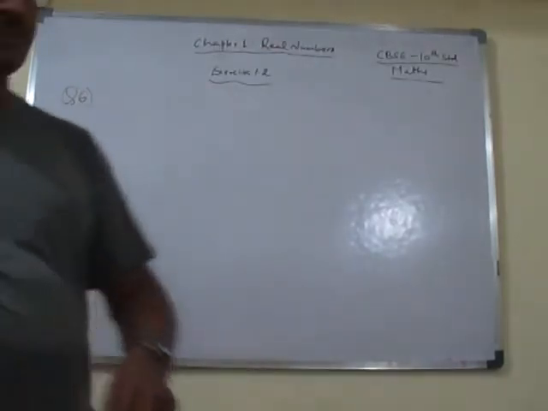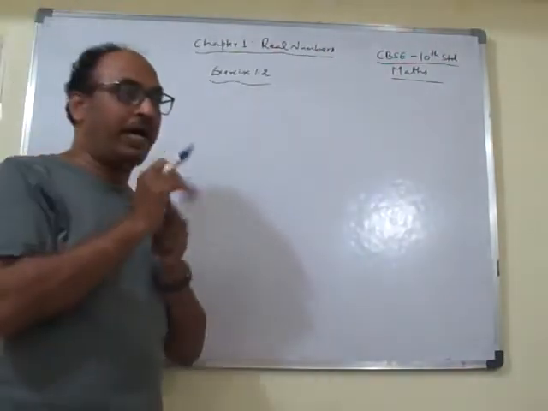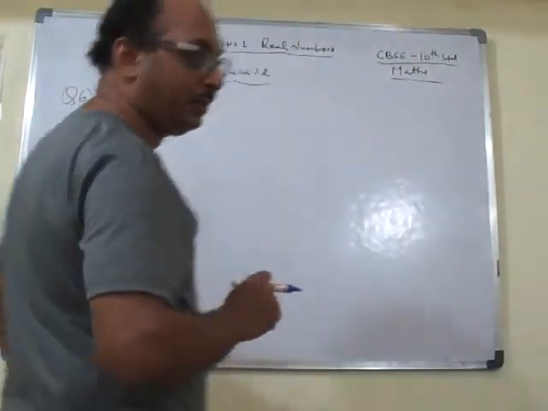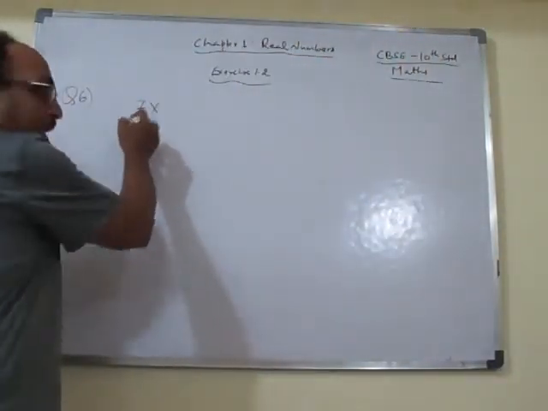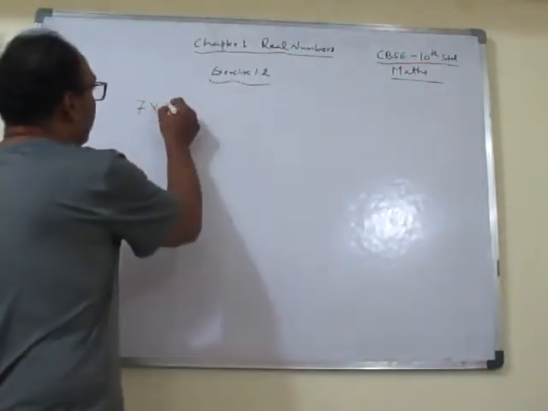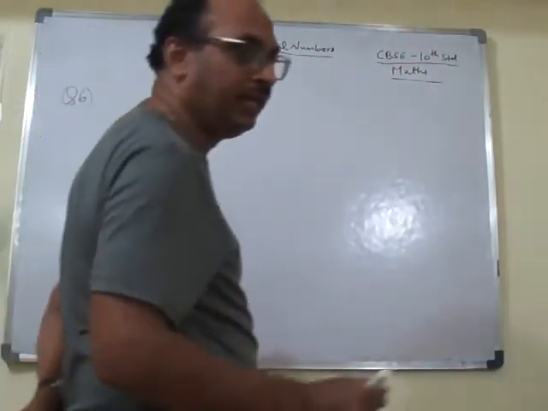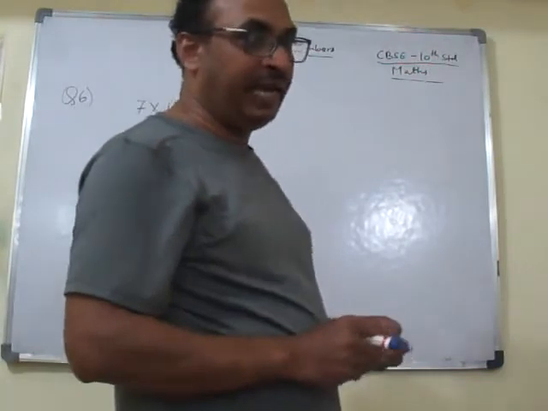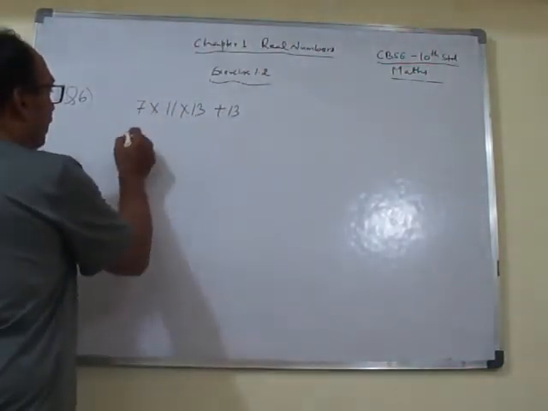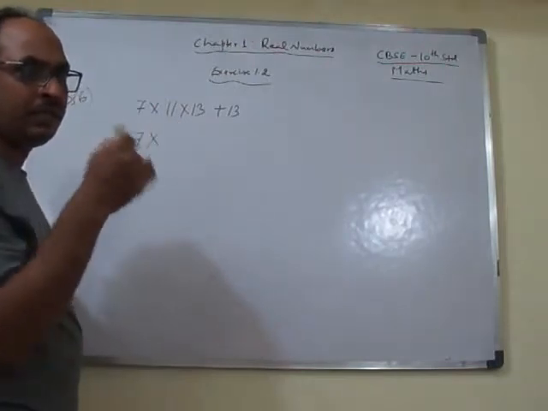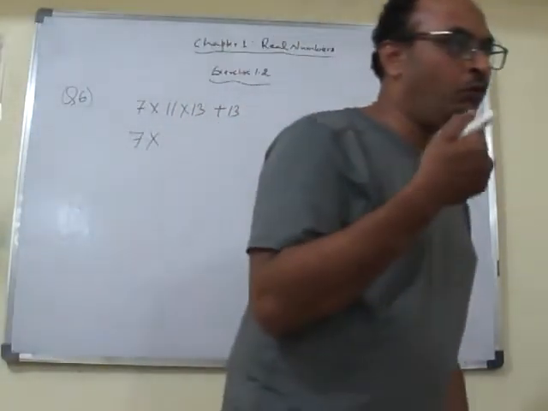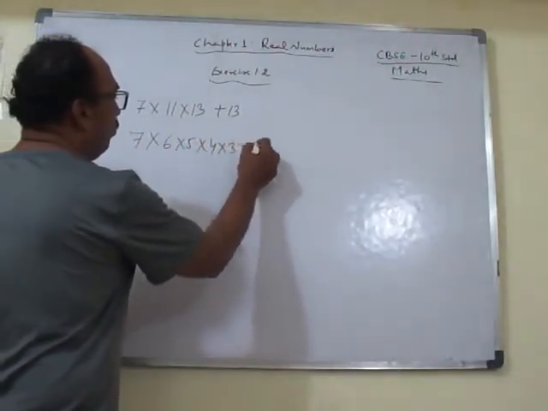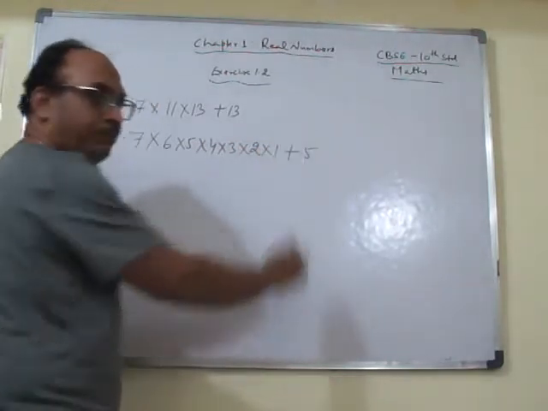Explain why 7 into 11 into 13 plus 13 is given to us, and another one, 7 into 6 into 5 into 4 into 3 into 2 into 1 and again plus 5.